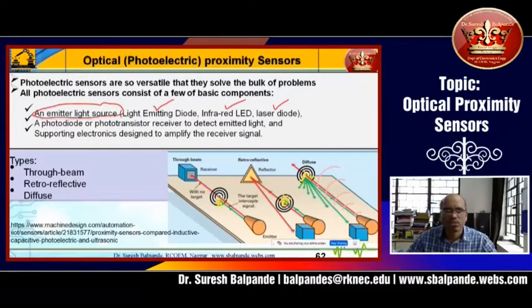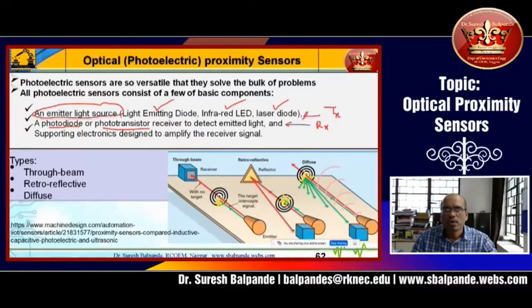At the other end, we have to mount a photodiode or phototransistor. This is the receiver part, and this is the transmitter part. So this is the transmitter, TX, and this is the receiver, RX.